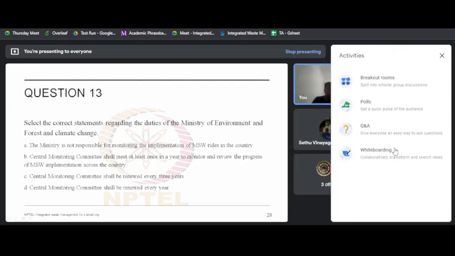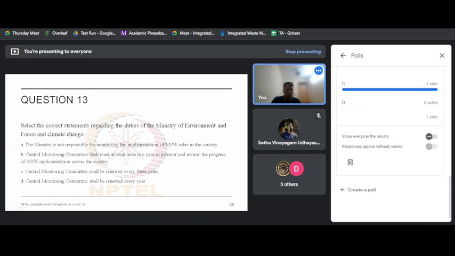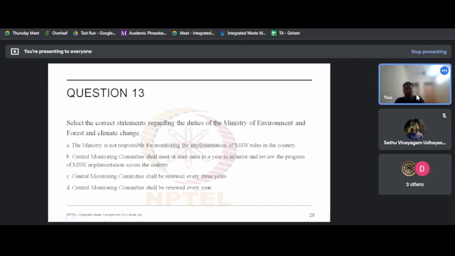Do we have any more responses? Okay, so we have one vote in favor of C. No issues. We'll discuss the answer.